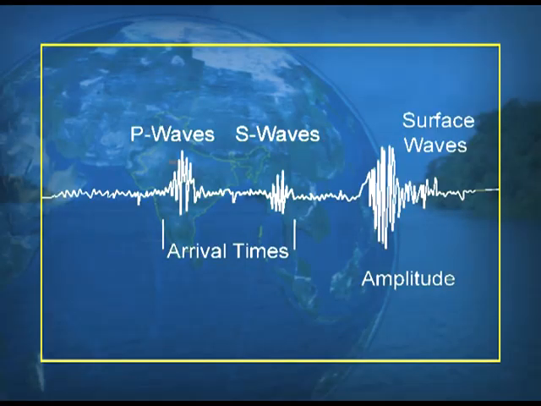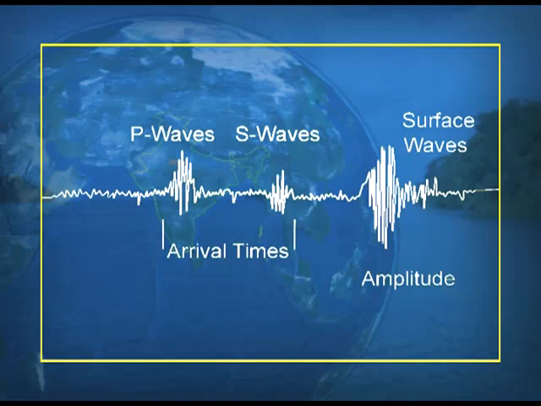Now, earthquake waves travel on the surface of the earth, and if you can see this diagram, it gives us the earthquake wave diagram, showing how the waves appear on the seismograph with respect to P waves, S waves and surface waves.